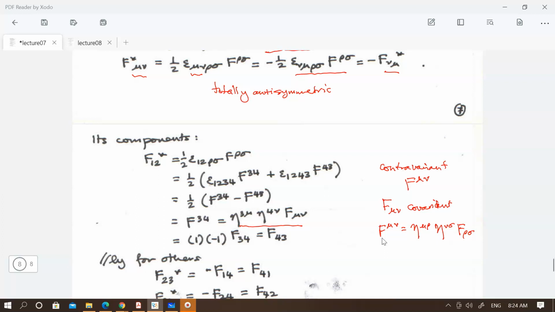So then you see that this is eta 33, which is 1, eta 44, which is minus 1, and then this one should be F34. So you get minus F34, which you can again swap the indices, because of the antisymmetry, to get plus F43. And what is plus F43?